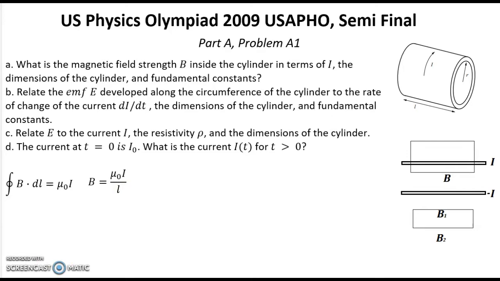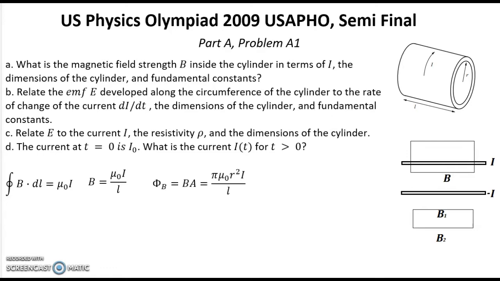Now let's answer question B. Relate the EMF developed along the circumference of the cylinder to the rate of change of the current dI over dt, the dimensions of the cylinder, and the fundamental constants. Let's write this formula.